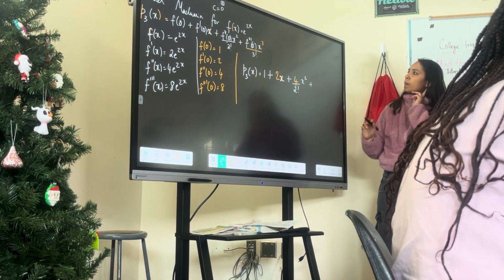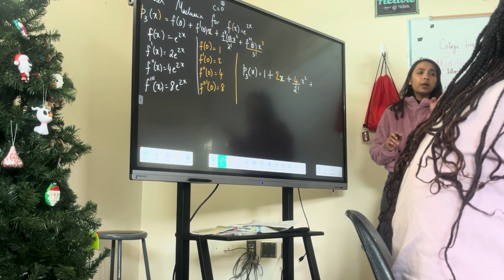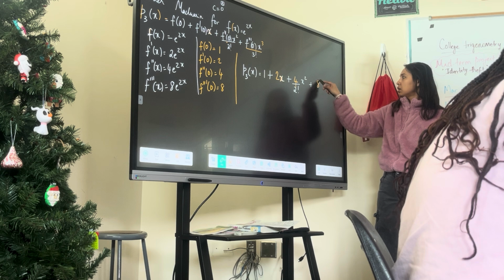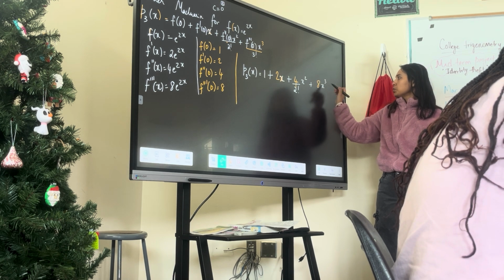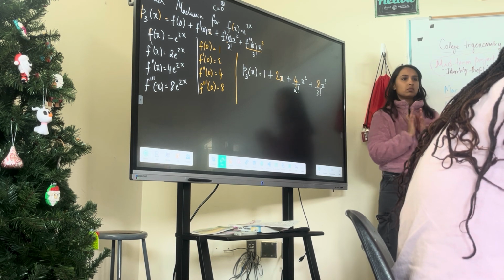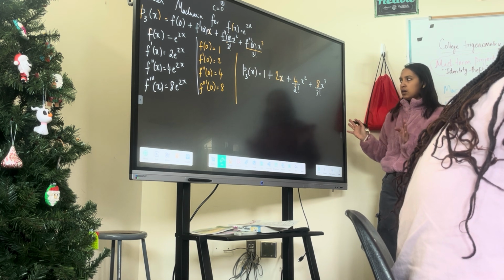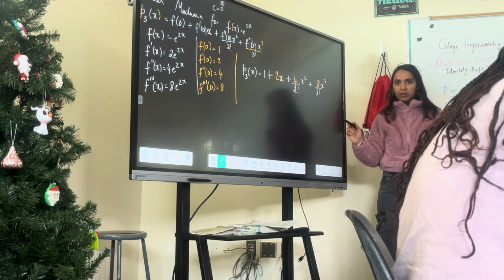Plus f triple prime of 0, which is 8, x cubed over 3 factorial. Okay? That's our equation. Now we're going to simplify this.